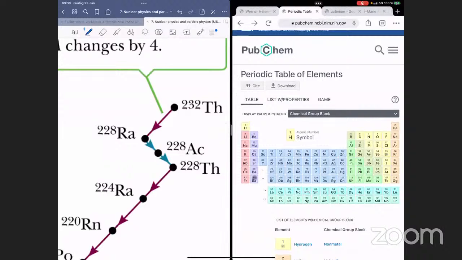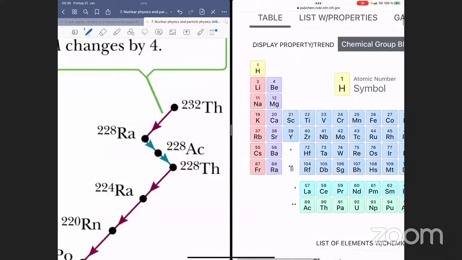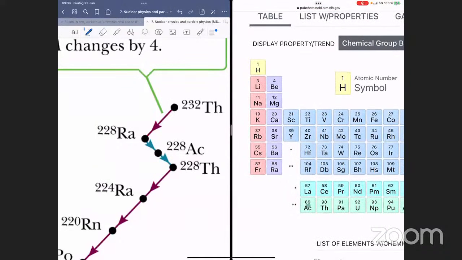One neutron turns to be a proton, right? So the number of nucleons is the same, but the number of protons increases by 1. So when the number of protons, or atomic number, increases by 1, from 88 radium we get 89, and 89 corresponds to actinium here.